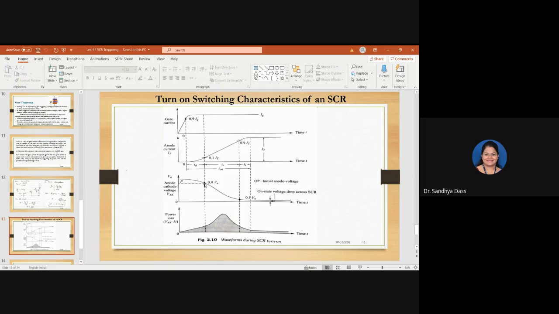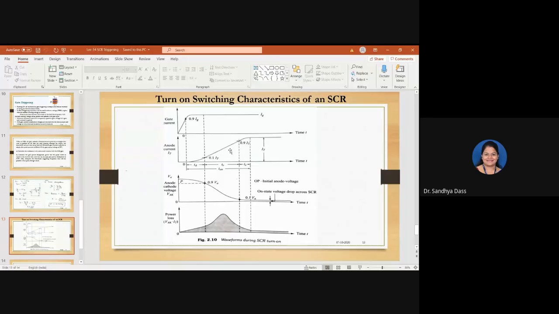And rise time is the time duration where the anode current reaches from its 10% to 90% of its final value. Again, if you recall what is happening internally, the charge carriers are getting multiplied and built up inside, which is nothing but increasing the anode current.